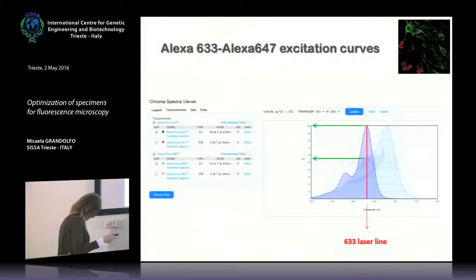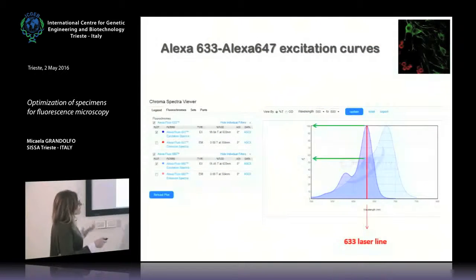Okay. This is correct from the point of view of efficiency of excitation because this is the 633 laser line, and this in blue is the excitation curve of Alexa 633. As you can see, you have the maximum of excitation using the 633 laser line. But what it is better to buy is not Alexa 633, but Alexa 647.